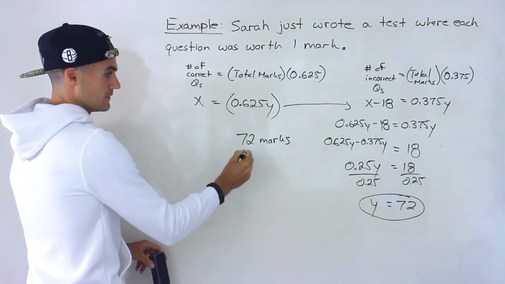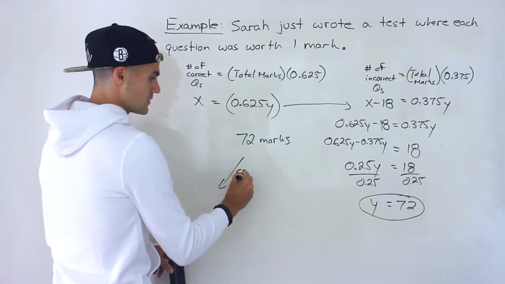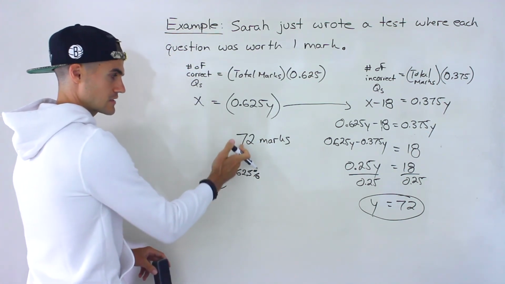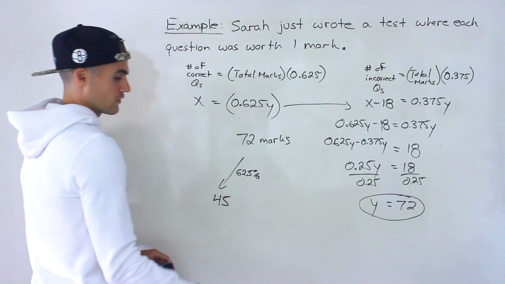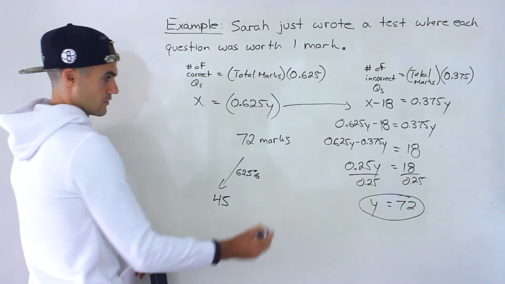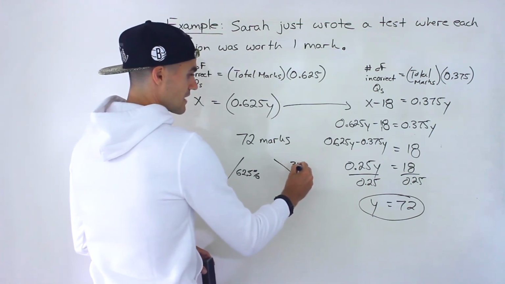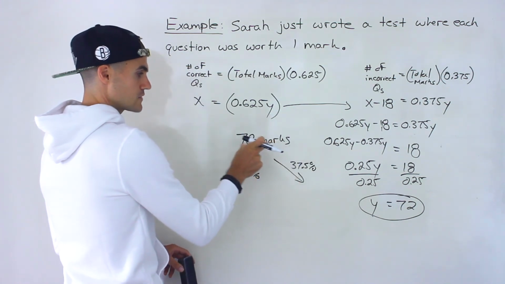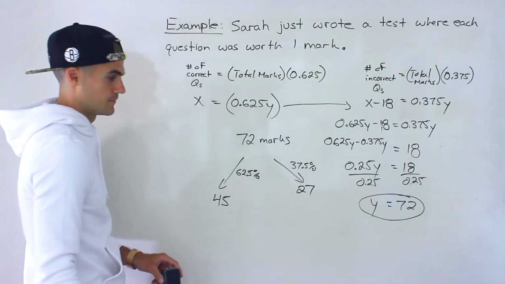And we can check our answer. What is 62.5% of 72? 0.625 times 72. This would give us 45. And then, what is 37.5%, the number of incorrect questions? 0.375 times 72 would give us 27.